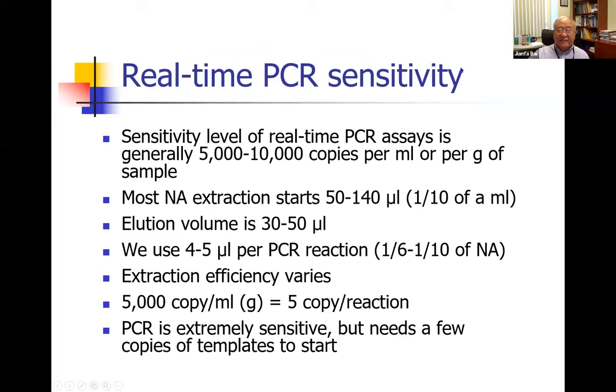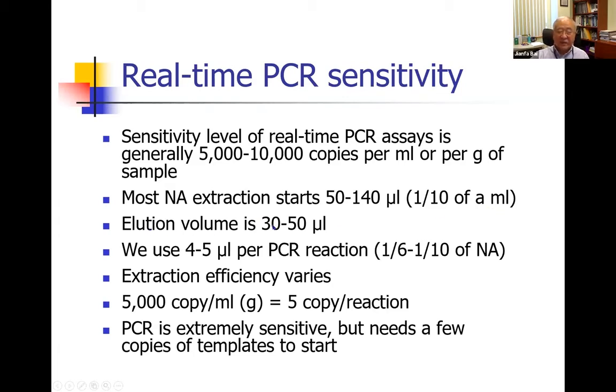There's one practical question for real-time PCR: the sensitivity level. We've been talking about how good and sensitive PCR is, but in practice, we need about 5,000 to 10,000 copies to get a detection. Why is that? When you do RNA or DNA extraction, you start with about 100 microliters, that's 1/10 of a ml.